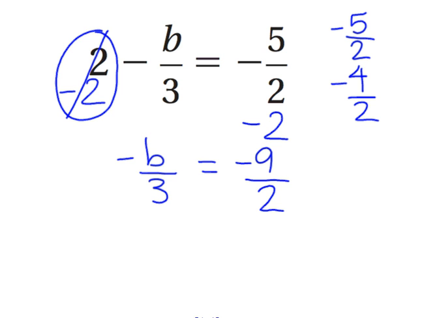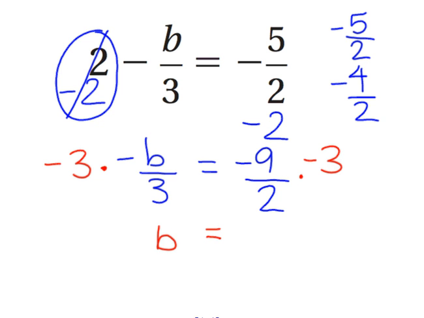Okay, now on the side with the variable, in order to cancel out the negative and dividing by 3, I'm going to multiply both sides by negative 3. Okay, so a negative times a negative is a positive, and b times 3 divided by 3 will be positive b. So our goal is always to get a positive variable.